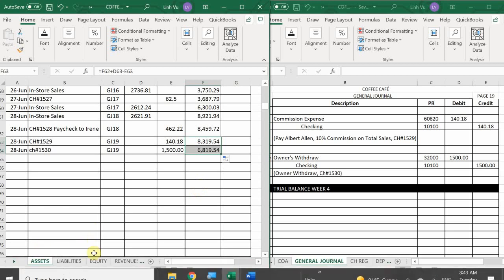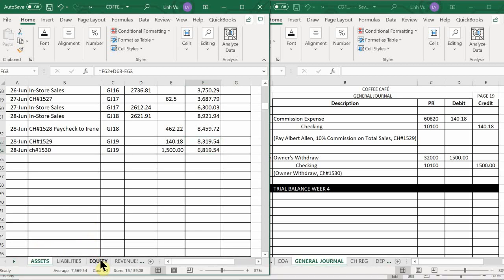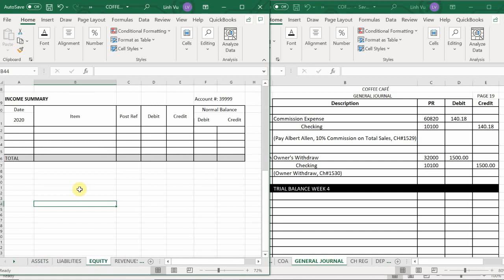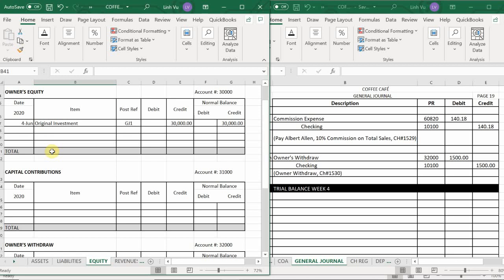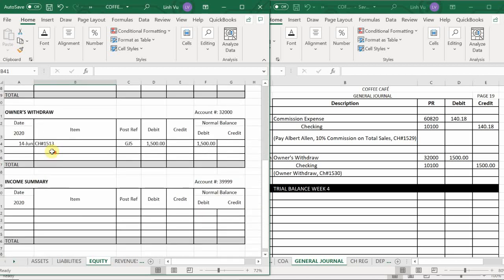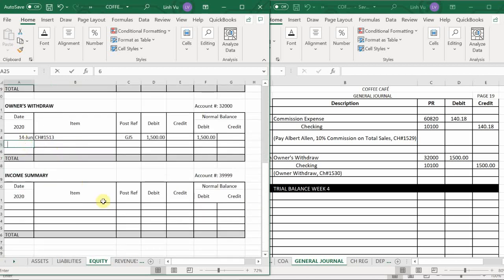And then last but not least, we got to go to our equity account. All right. We have an owner's withdrawal. So here we are. Check number 1530. Okay.